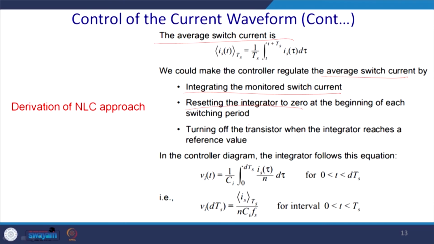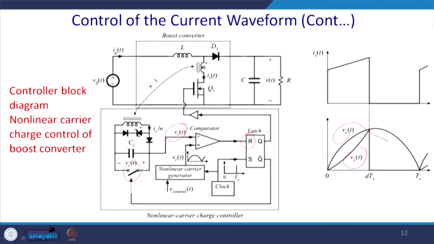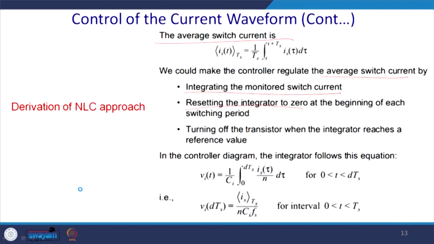This is the way you reset the integrator, by discharging this capacitor every time. The transistor turns off when the integrator reaches the reference value. In the controller diagram, the integrator follows the equation Vi equals 1 by C integral 0 to T of Is by N, and thus for this discharging operation we get Is by Ts N Cn.